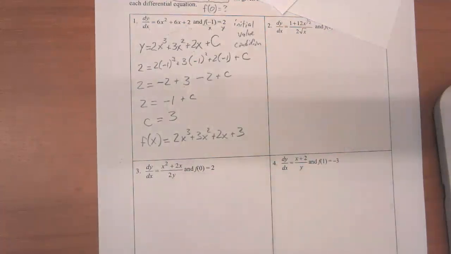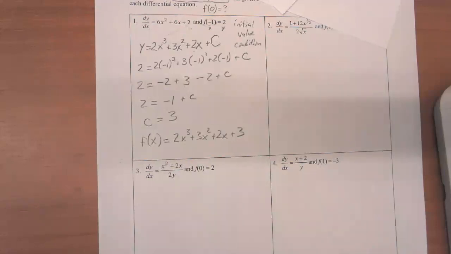So you remember earlier in the year when we were talking about taking derivatives of functions and they had both x's and y's in the derivative. Do you remember what that unit was? What we called that? That was called implicit differentiation. And the way we solved implicit differentiation is basically we took the derivative of both sides of the equation.